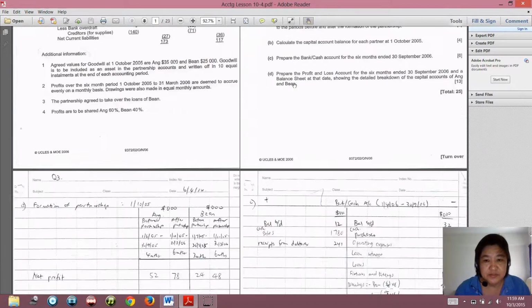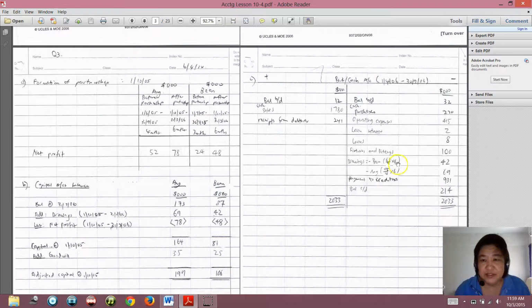So that will be easy. This is still a 6 months period, and the drawings would be at the same rate as previously. So for 6 months it is 69,000. Okay, payment. That means we have left payment to creditors and receipt from debtors.